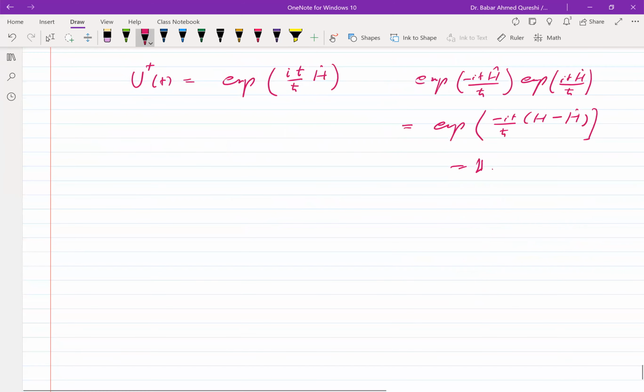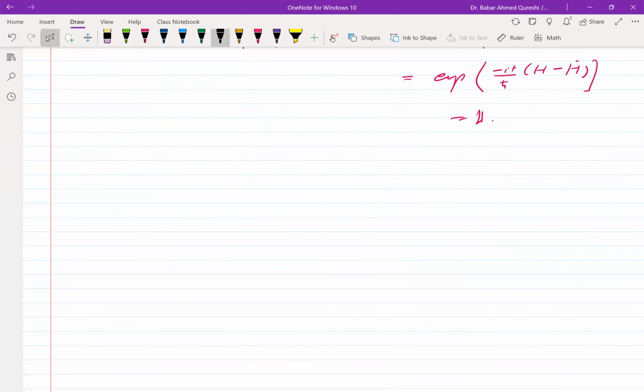Now, should I talk about the operator? Okay, let me talk about this postulate 5. It says that, well, it can be approached by different means.